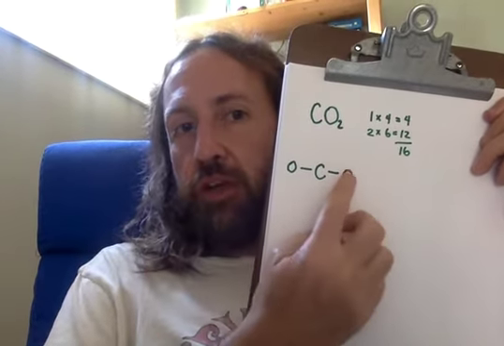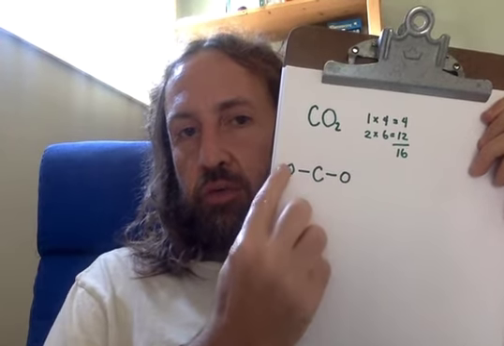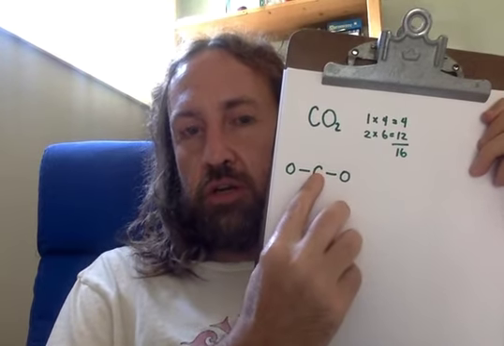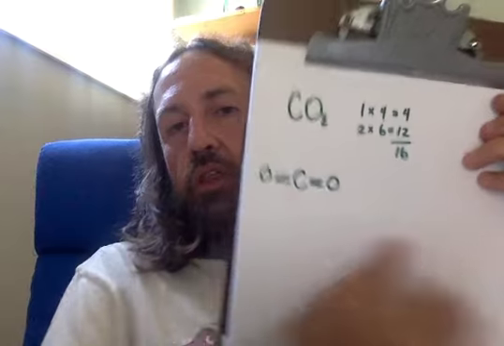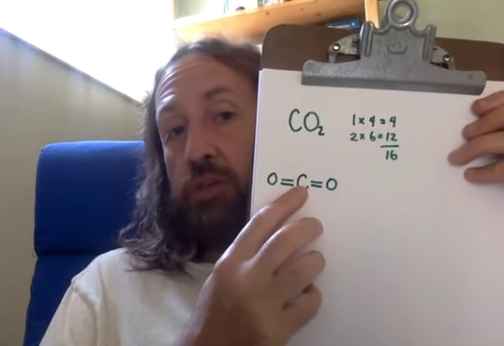Now, if I go 2, 4, 6, 8, and 2, 4, 6, that's going to leave me short here on the carbon. So I know that oxygen, because it has 6 valence electrons, wants to make 2 bonds. So I'm going to give 2 bonds to each oxygen, and then that finishes my carbon out.